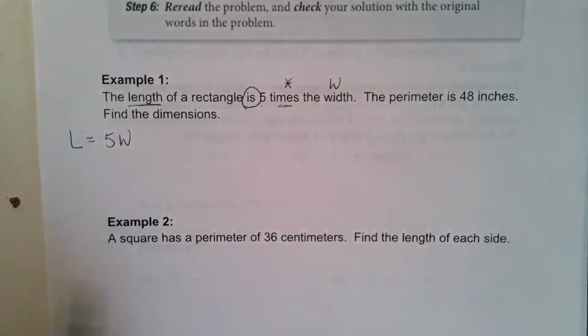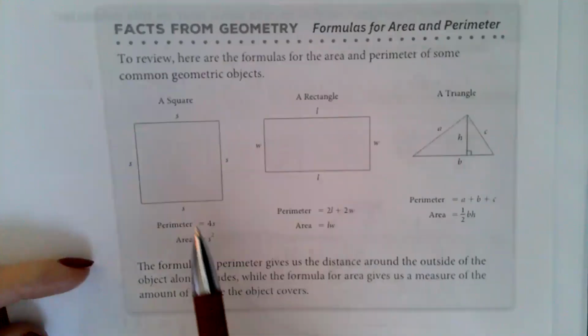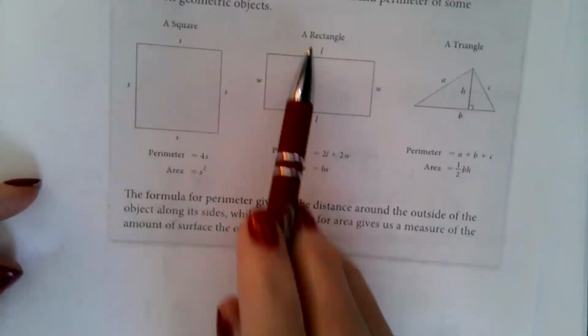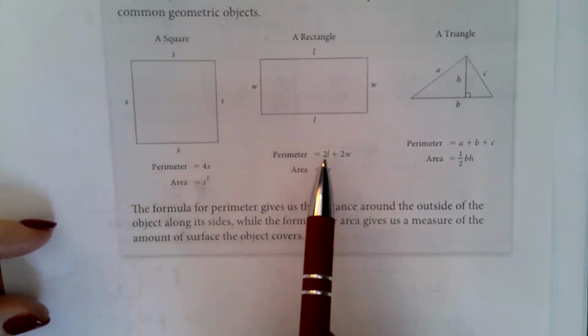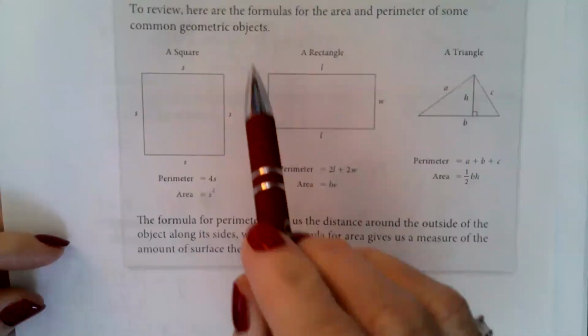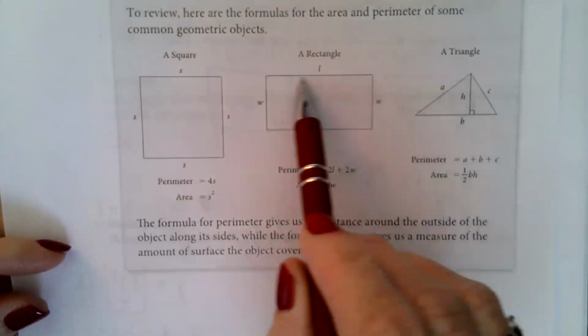So at the end of lesson 2.2, we had this paper here that gave us some formulas for geometry. And we're looking at a rectangle and the perimeter. So for a rectangle, the perimeter is 2 times the length plus 2 times the width. Because remember that perimeter is just the distance around the outside of an object.